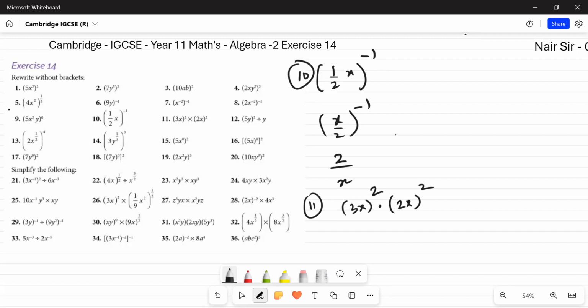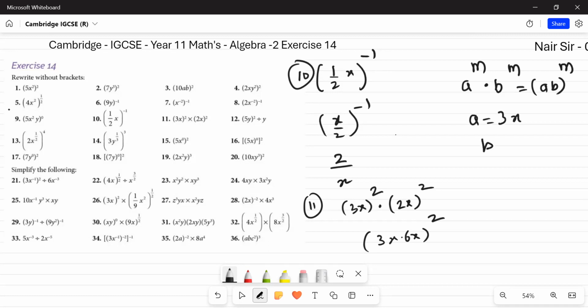Okay. What will I do with this? I can write this as 3x into 2x, the whole raised to 2. a raised to m into b raised to m can be written as ab raised to m, not mn. Now what is a here? a is 3x. What is b? b is 2x.